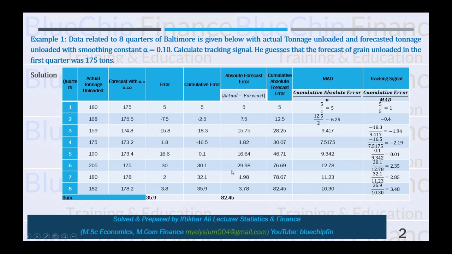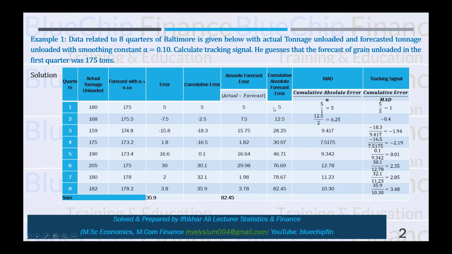But if you want to calculate the range of tracking signal, then you go further. How can we calculate the range of tracking signal? Our next step is to take the cumulative absolute forecast error, and the method is the same as when we calculated the cumulative error.